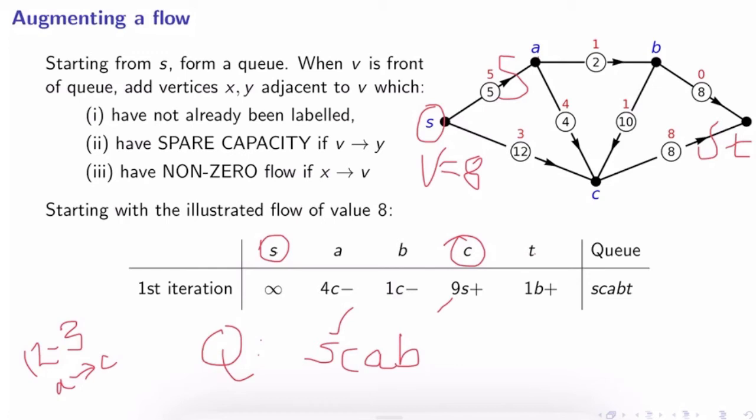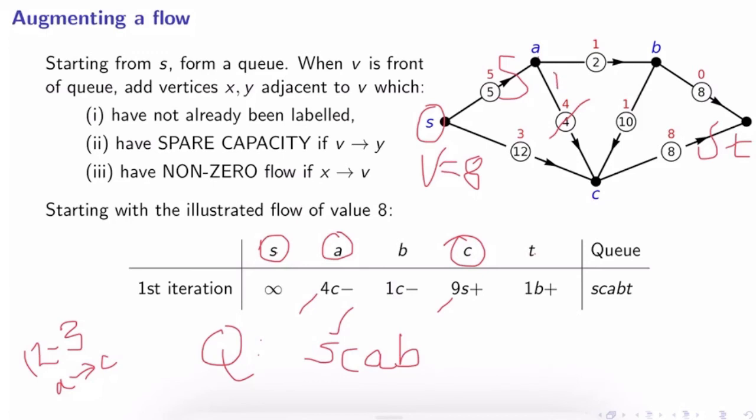So as far as A is concerned, we don't care about the capacity. This is irrelevant, really. What is relevant is the flow. The flow is 4, and we can reduce that to 0. So the numerical label in this situation is the 4. It's not the spare capacity. This edge is actually saturated, but that's irrelevant.